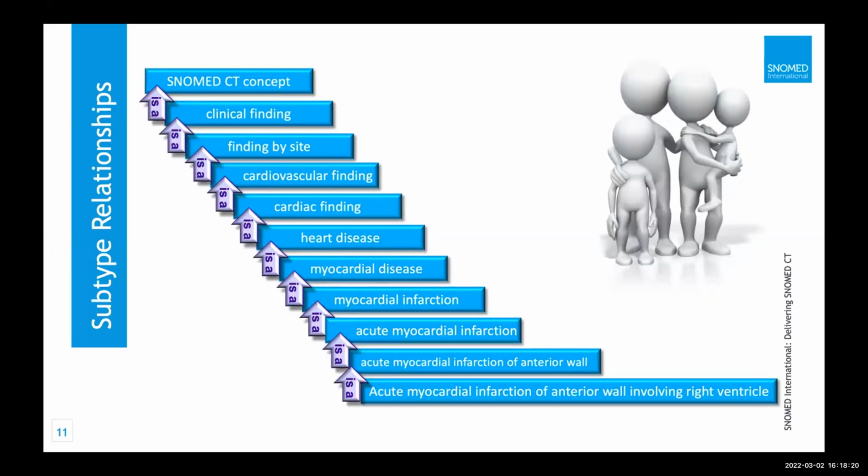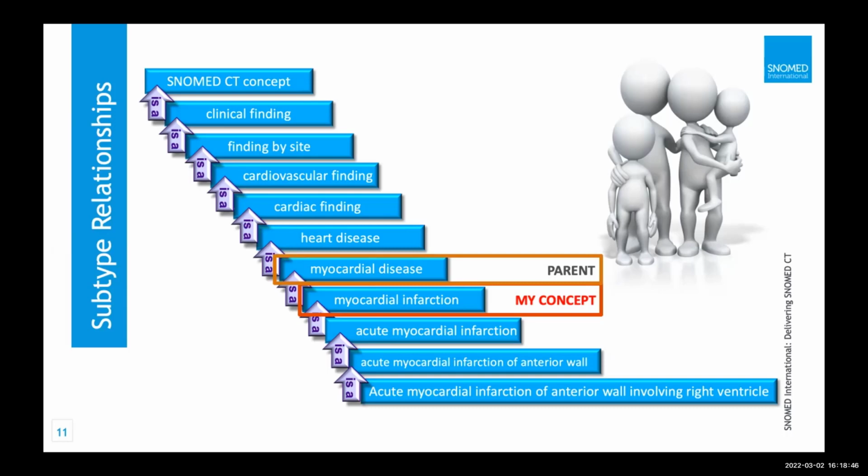The other analogy we use when talking about SNOMED CT is that it is like a family tree. If we focus on one particular concept, in this case myocardial infarction, we call the concepts immediately above it in the hierarchy the parents. So myocardial disease is one of the parents of myocardial infarction.